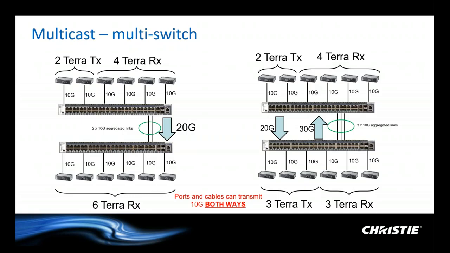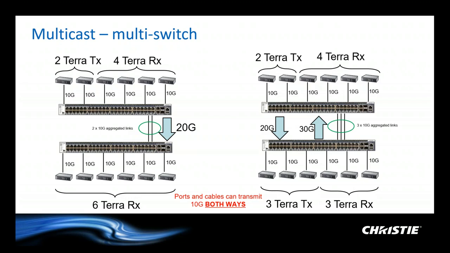And the maximum that the 4 RX on the top switch are going to be pulling from the bottom switch is 30 gigabytes, because there are 3 transmitters there. So in this instance, all you need is an uplink of 30 gigabytes between the switches.